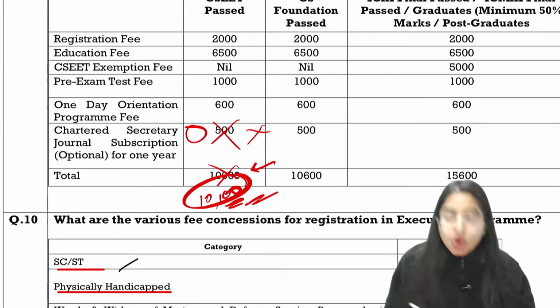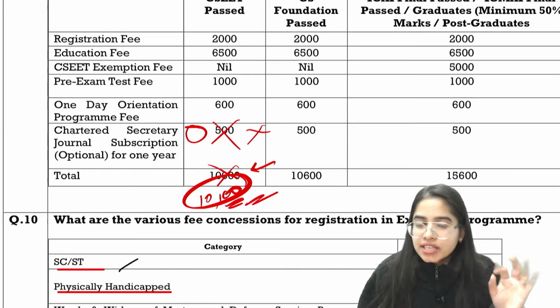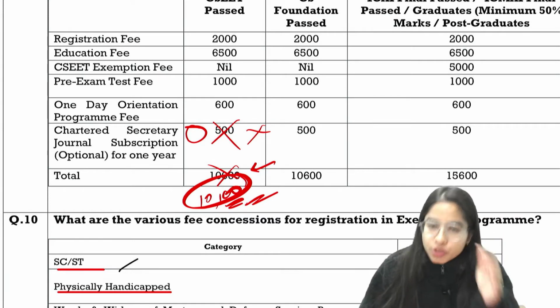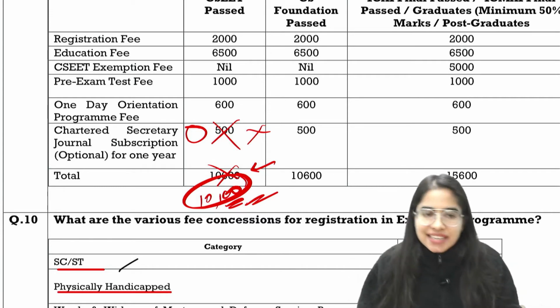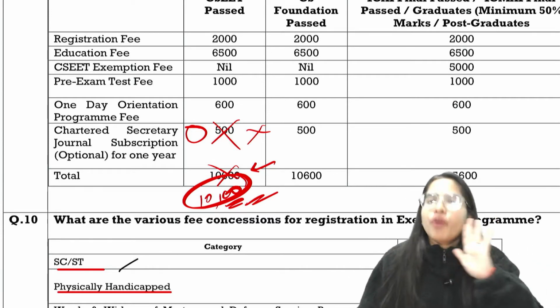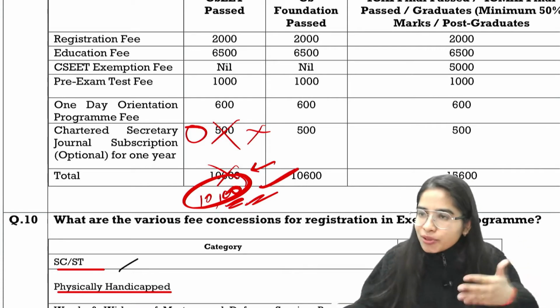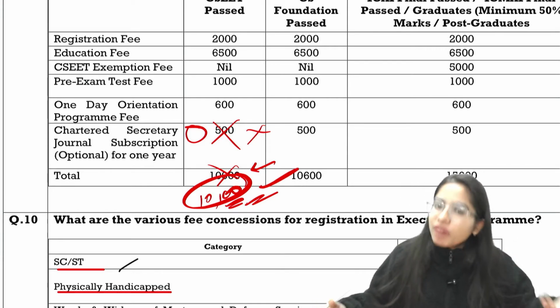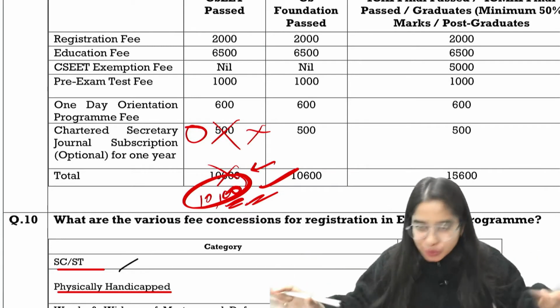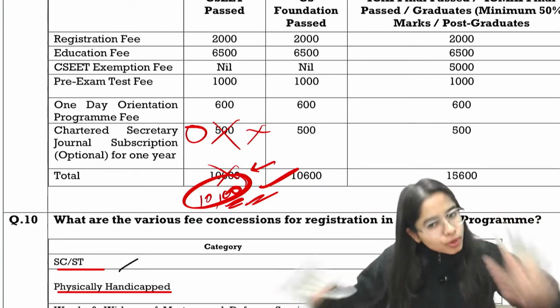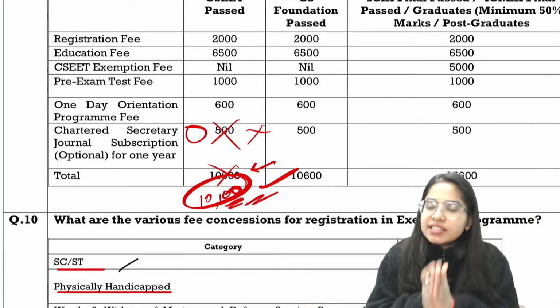This is your one-time fees for CS Executive registration of both modules. Please make sure that executive registration is one time for both modules and this fees is 10,100. You don't have to register for module 1 and module 2 separately. Registration for both modules of CS Executive is done simultaneously.